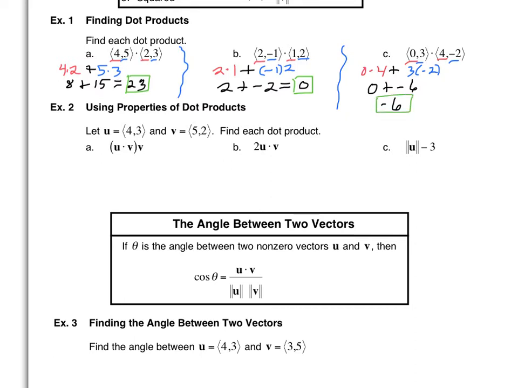See if they agree with you. Kylie, what'd you get? Did you all get negative 6? Perfect. So negative 6 is the correct answer.